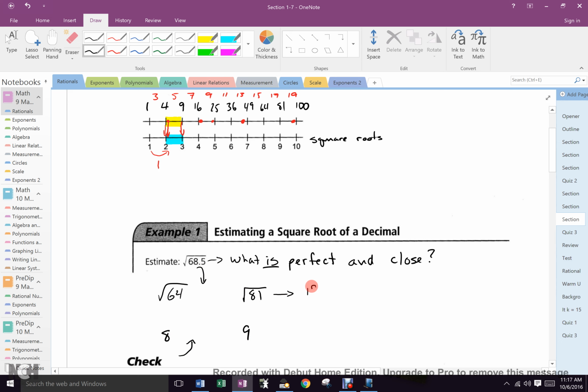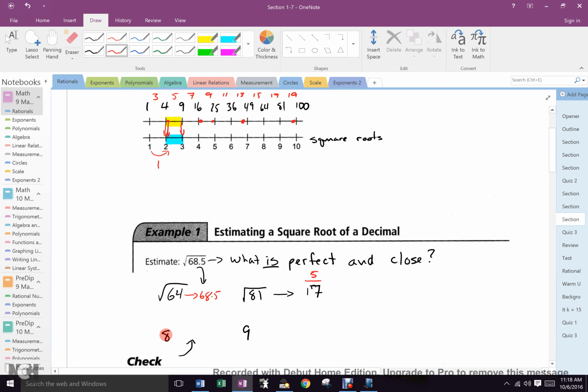It's 17, right? Everyone agree? 68.5, how far is it from 64 to 68.5? 4.5, right? Which is almost 5 steps, isn't it? How many steps would I take to get to the next perfect square? 17. How many steps did I take? 5. So I took 5 out of 17 steps, didn't I? Does everyone agree?